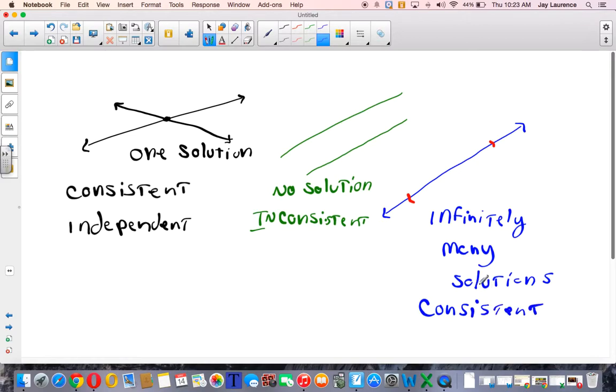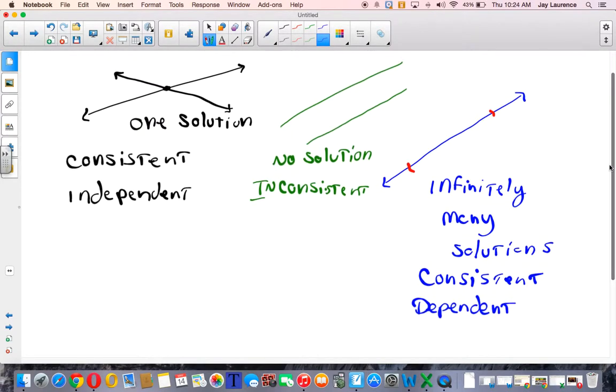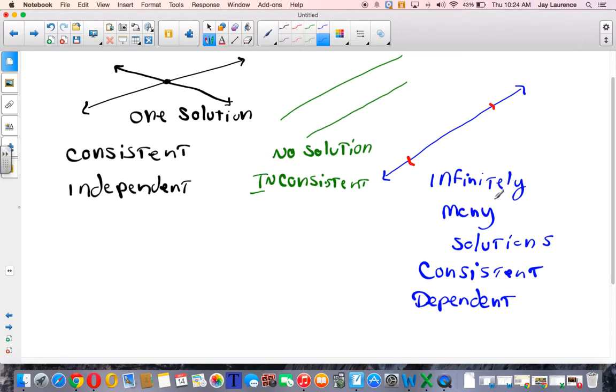But since all the points are on both lines at the same time, we call this a dependent system. Dependent. So when it's the same line twice, we get infinitely many solutions. That means it's a consistent dependent system.